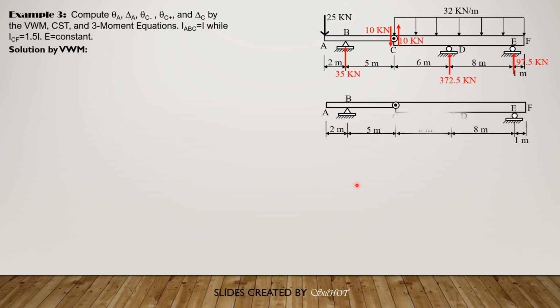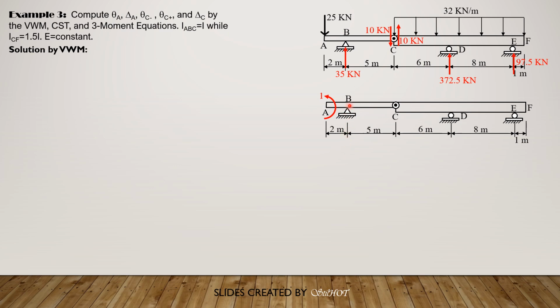So first for theta A, we always assume that the rotation is positive or counterclockwise. So I apply the unit couple 1 at A. Then considering ABC, summation of moment about C, since this is counterclockwise, the reaction at B should be clockwise.